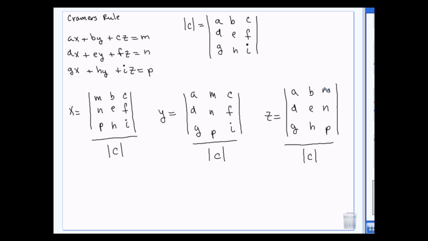And then when I'm trying to find Z, I take the Z column out. And that's the pattern. And that's the pattern for 2 equations. That's the pattern for 3 equations. If I gave you a 4 system and you did a 4 by 4 matrix, which I'm not going to give you, but it would be the same pattern. That's always the pattern. So if you learn the pattern, you don't have to memorize the formula. Does that make sense? And then the bottom is just the X, Y's, and Z's.